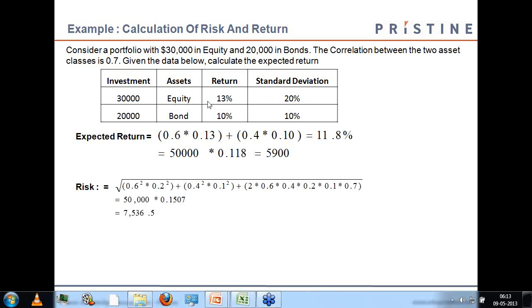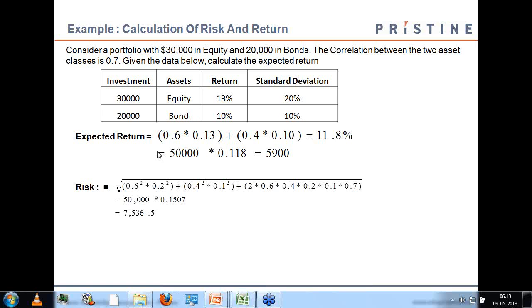As you can see, equity is riskier than bonds. Standard deviation is the measure of risk, right? So the standard deviation for equity is exactly twice the standard deviation of bond.